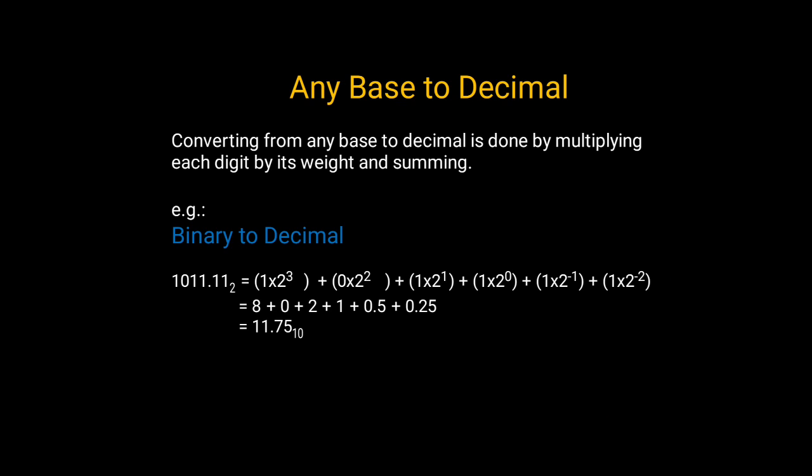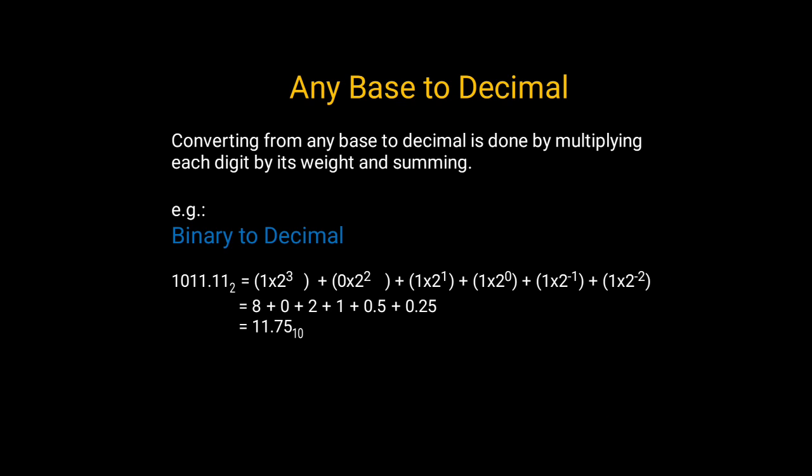So step number 1, converting from any base to decimal is done by multiplying each digit by its weight and summing. Suppose if you want to convert binary to decimal, so multiply each digit by its weight means multiply each digit by 2 raised to its weight.